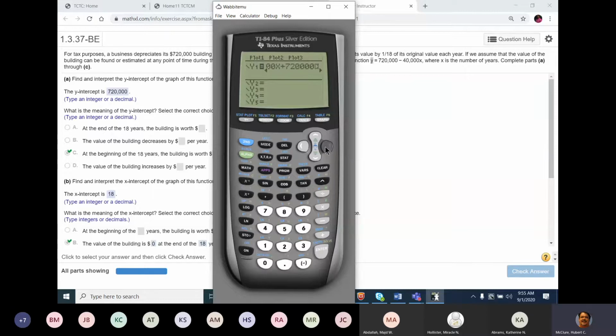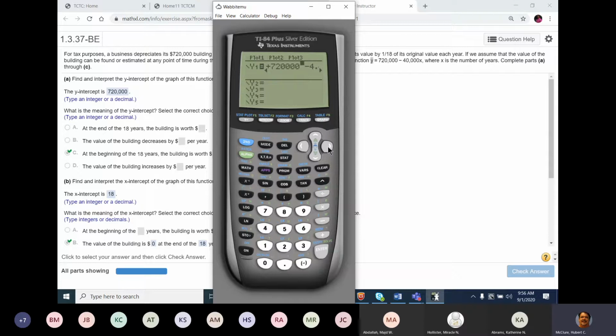Now, a lot of you say, well, Hubert, why did you write it like that? Because nobody writes it the way it's written in the books the last couple of years, 720,000 minus 40,000x. Nobody does.